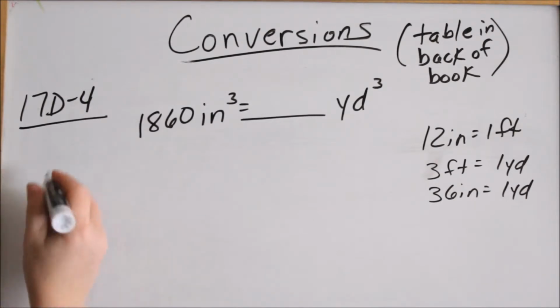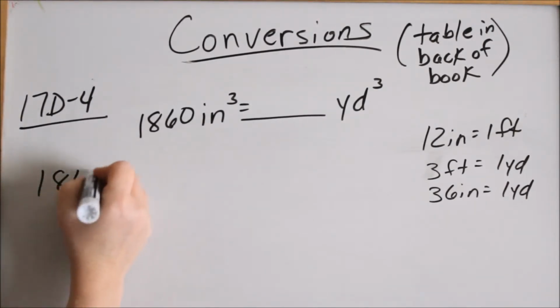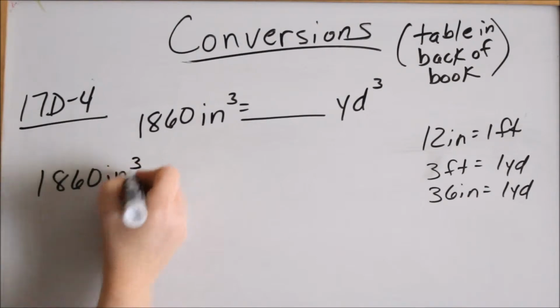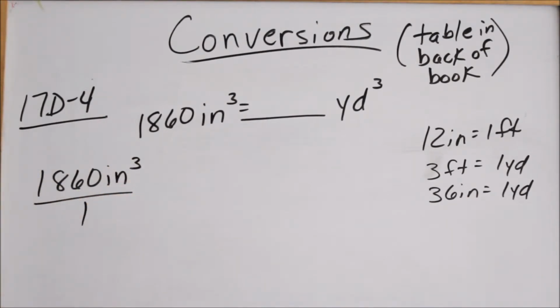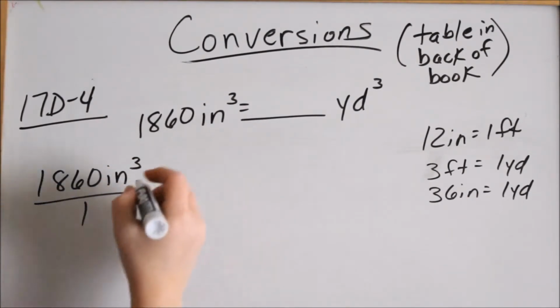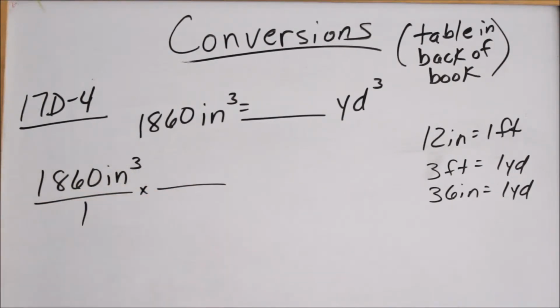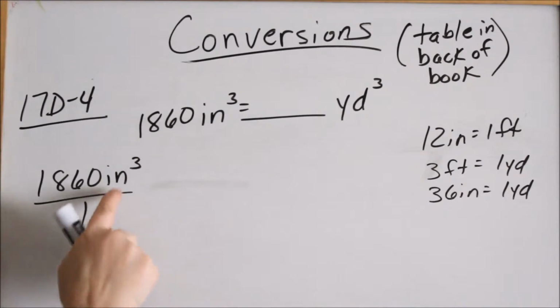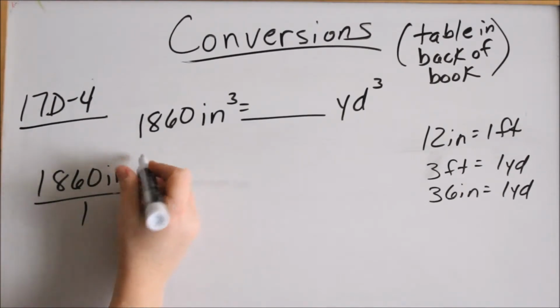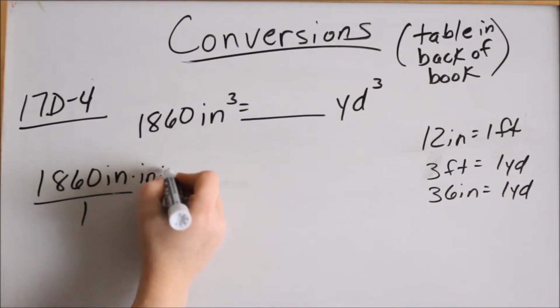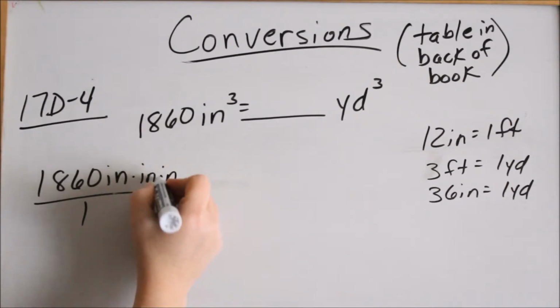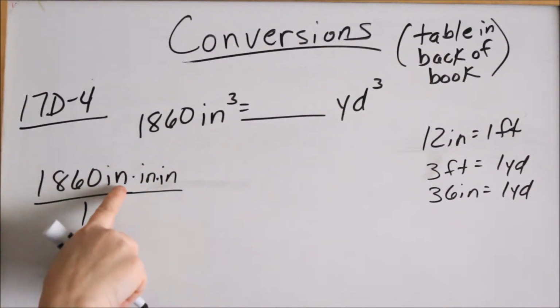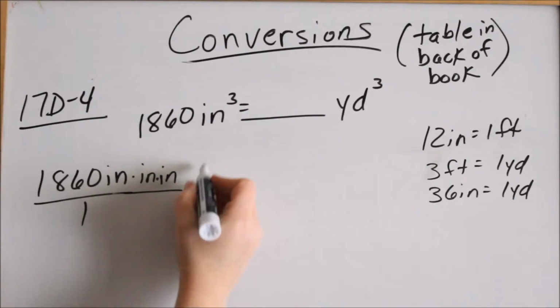So if we start with what we were given, 1860 cubic inches, and we put that into a fraction. I'm going to do this problem 2 different ways. Cubic inches is the same thing as inches times inches times inches. Inches times inches times inches is cubic inches.